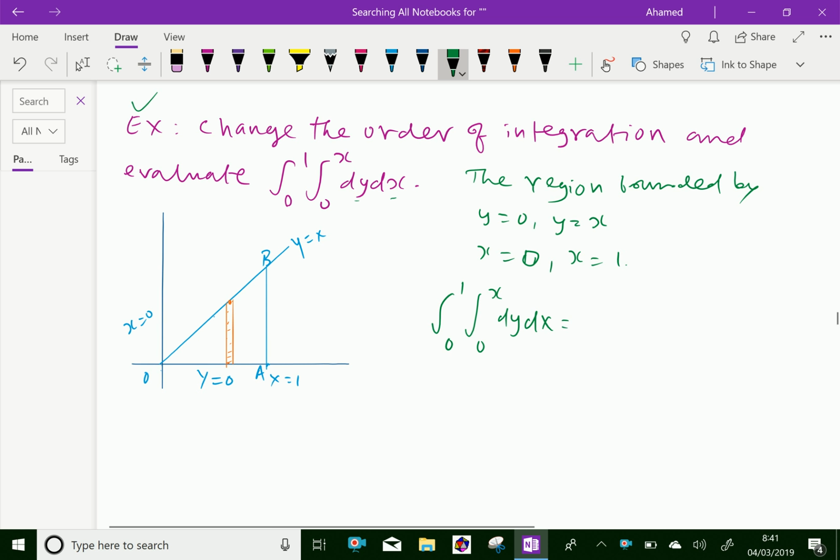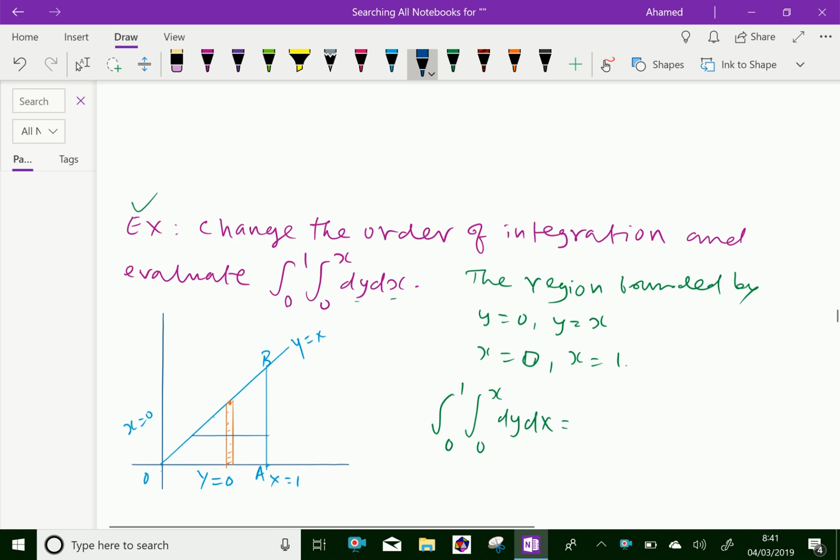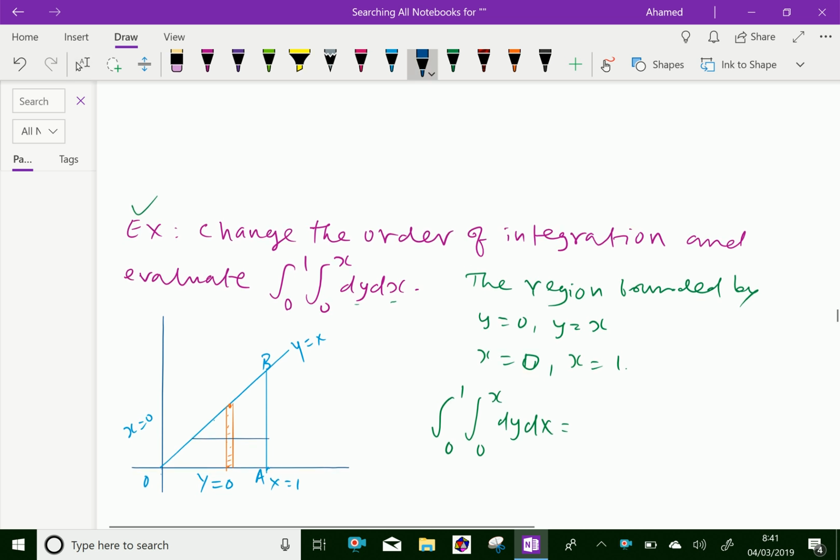which can be done by changing the order of integration. If we take a horizontal strip, this horizontal strip has the limits x equal to 0 and x equal to 1.